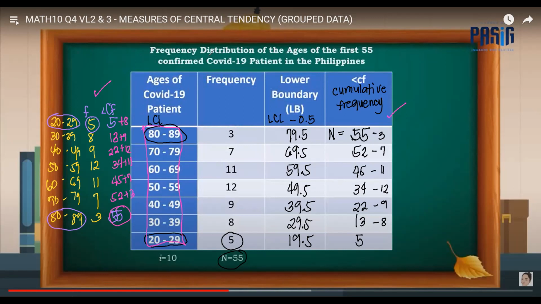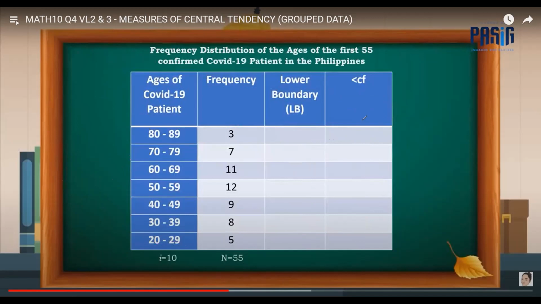Kung wala pong question, magsusolve na tayo ng tawag dito ng ating median of group data. So let me clear all the drawings. Tapos isusulat ko ulit yung mga values na meron tayo kanina.